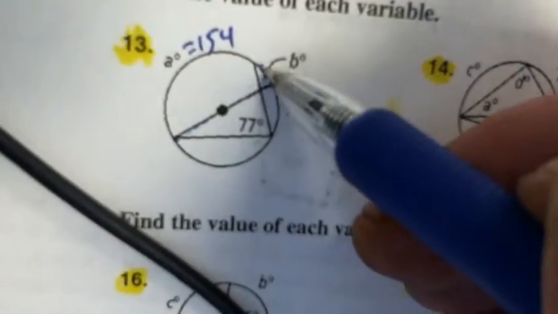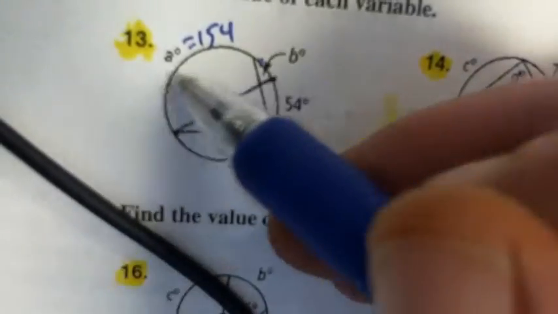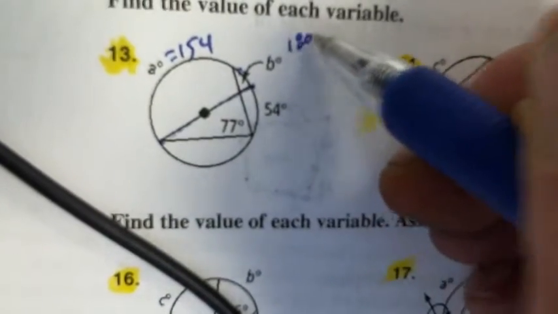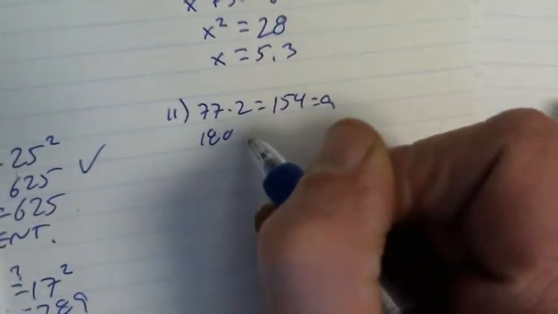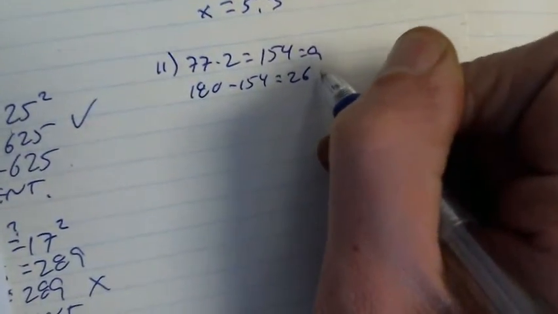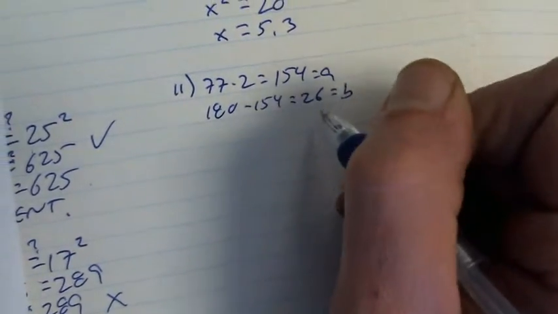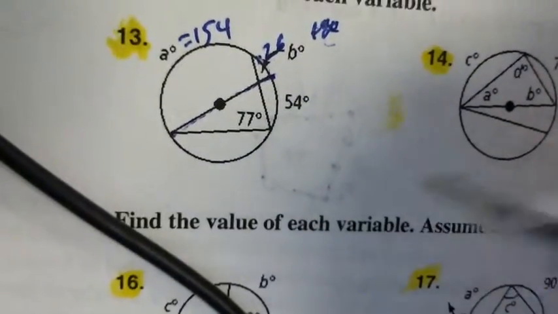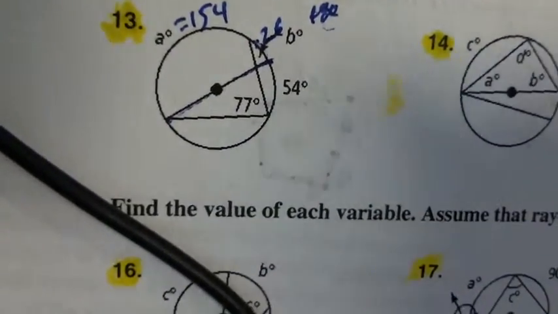So this is left over after we subtract 180 minus 154. That leaves 26, and that is B. And, well, that's all we need, A and B.